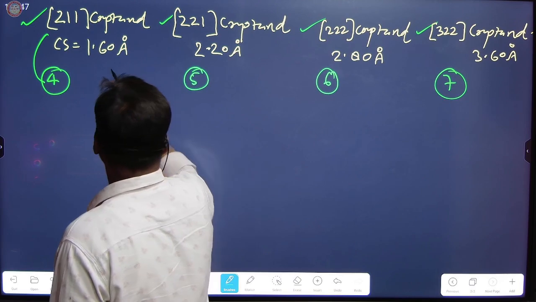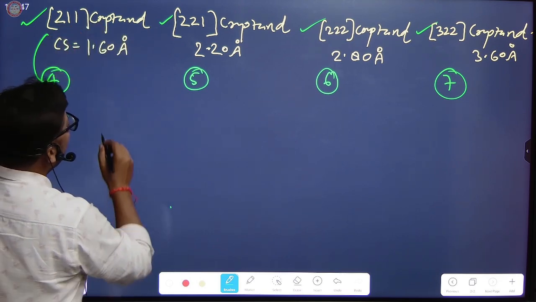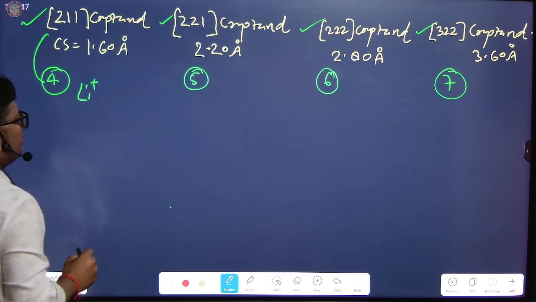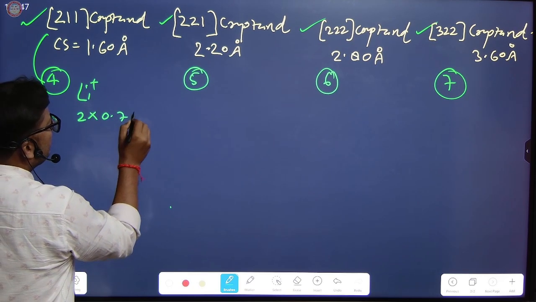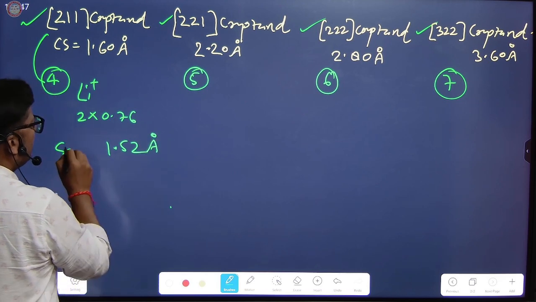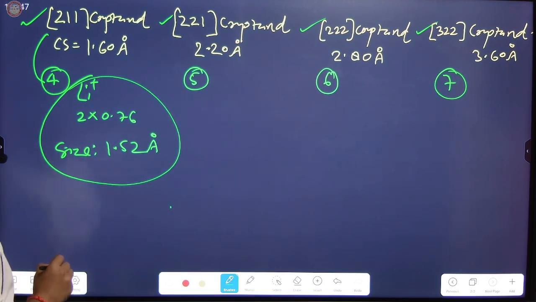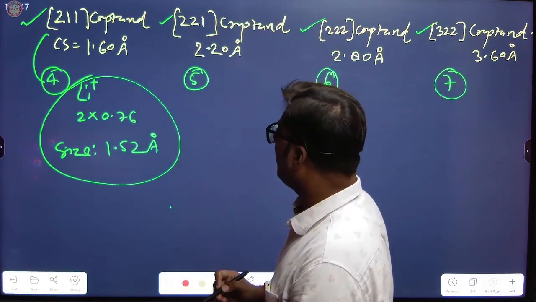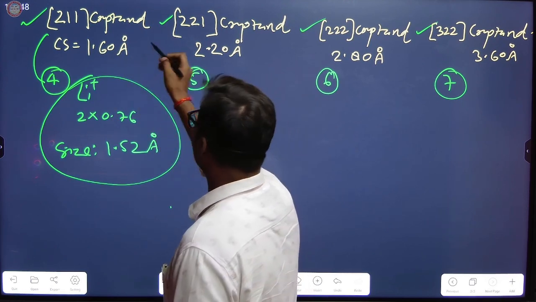So if the size of this cryptand is 1.6 angstrom, it means it can bind lithium plus, because lithium plus has diameter 2 into 0.76 angstrom size. So lithium plus has its diameter 1.52 angstrom, close to that of the cavity size of this ligand, 1.60 angstrom.